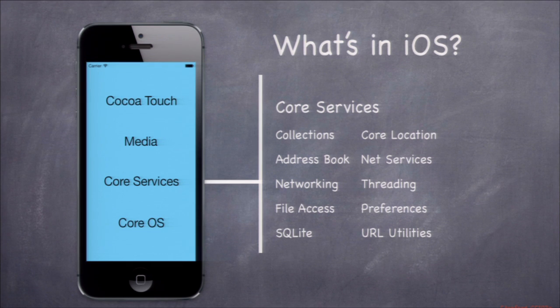Plus it has object-oriented ways to access the file system, and to find out the GPS location of your device, for example. It has ways to do multi-threading, all this stuff you want to be able to do, but you want to stay in an object-oriented mindset as you're doing it. There's a huge foundational layer there at Core Services for doing that.